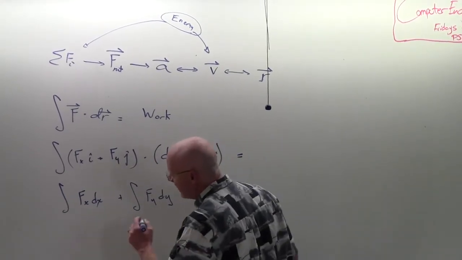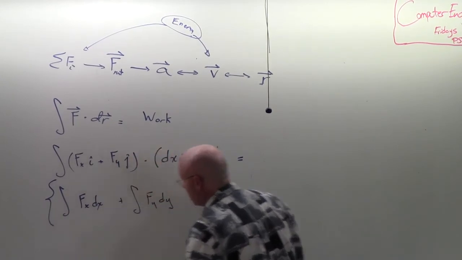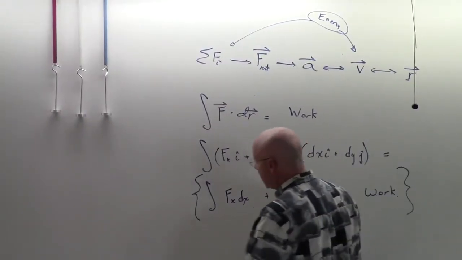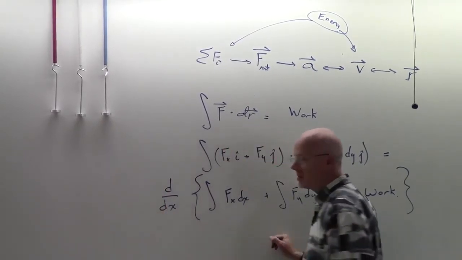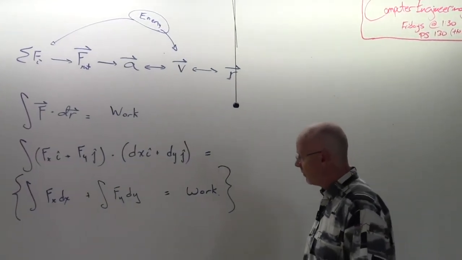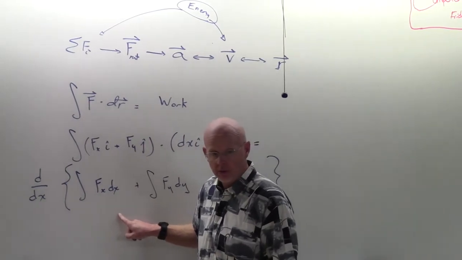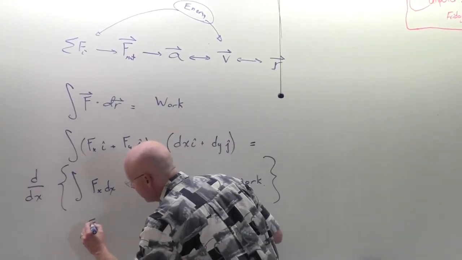If I were to take the derivative, and maybe I'll just take the whole equation and say, let's take the derivative with respect to x. Doesn't this derivative undo the integral? So doesn't this give me Fx?